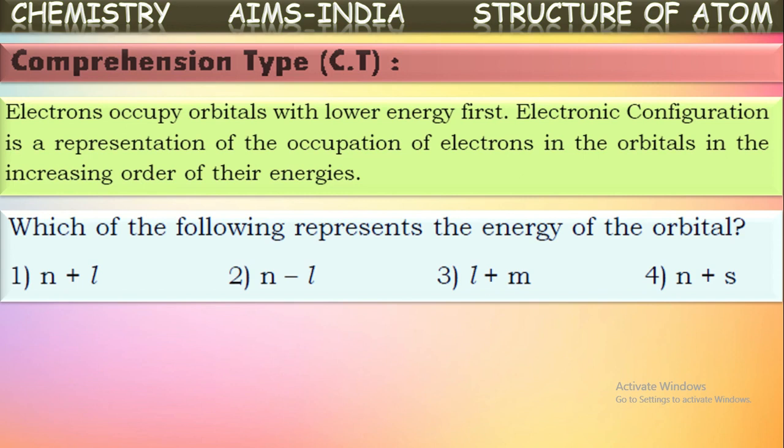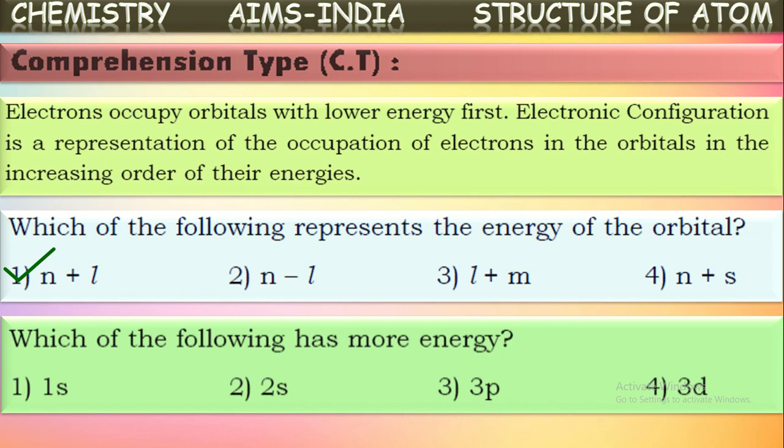The principal quantum number is denoted with the symbol n, and the azimuthal quantum number is represented with the symbol l. So the energy of the orbitals is compared in terms of n plus l values. Where is it mentioned? n plus l, here in the first option. So the orbital which has the greater n plus l value is said to have greater energy, and vice versa.